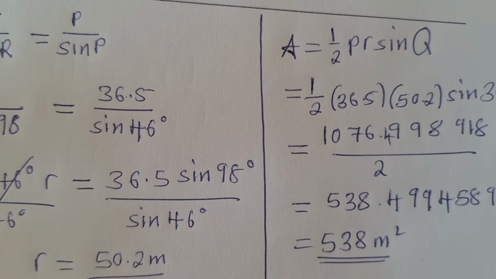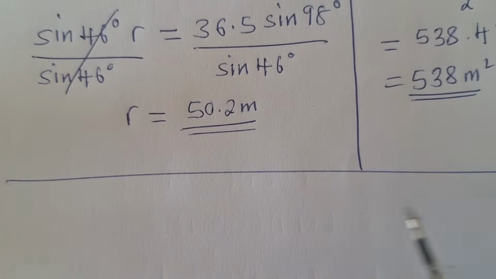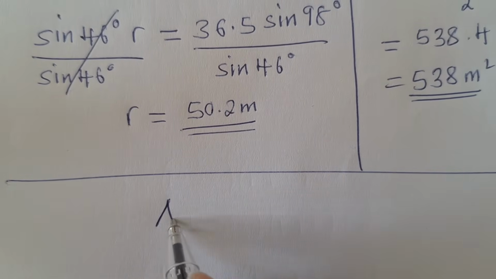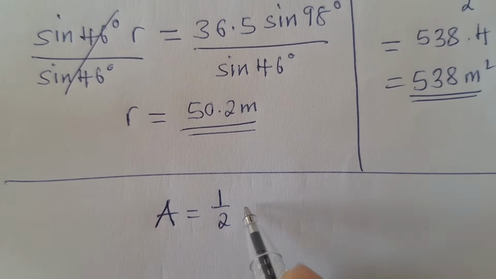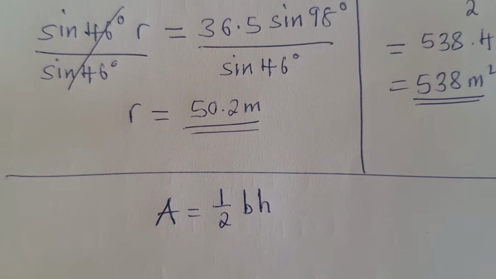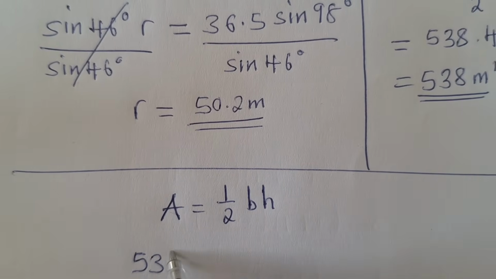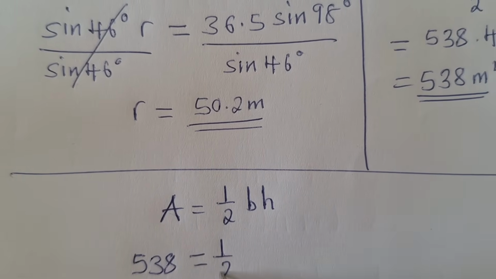Okay. The last question, they are saying we calculate the shortest distance. So for shortest distance, you need the formula which will be like this. Area is equal to 1 over 2 BH. Okay, 1 over 2 BH. So for area here, we're going to write the previous answer that we found, which is equal to 1 over 2.